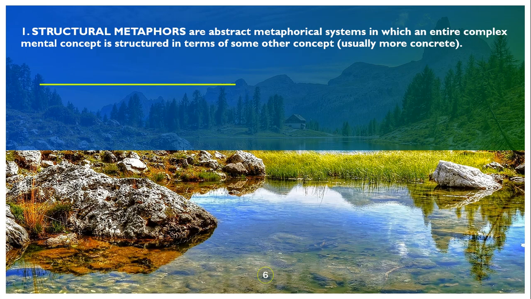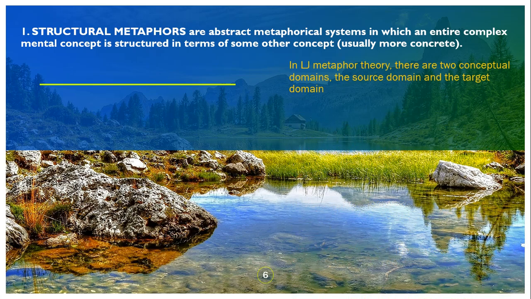Structural metaphors are conventional metaphors in which concepts are expressed with other conceptual structures. In LJ metaphor theory, there are two conceptual domains, the source domain and the target domain.